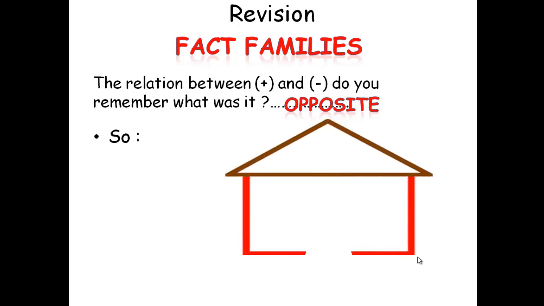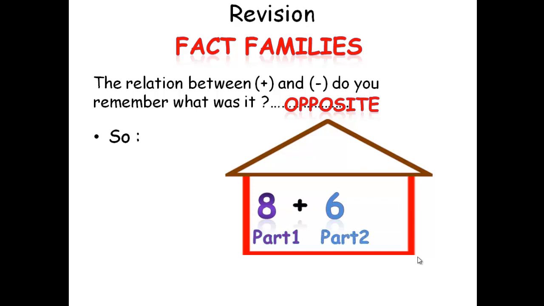If I have a house, and in this house I have a part who's living there. This is number 8. This is part number 1. And the other part who's living there is number 6. This is part 2.